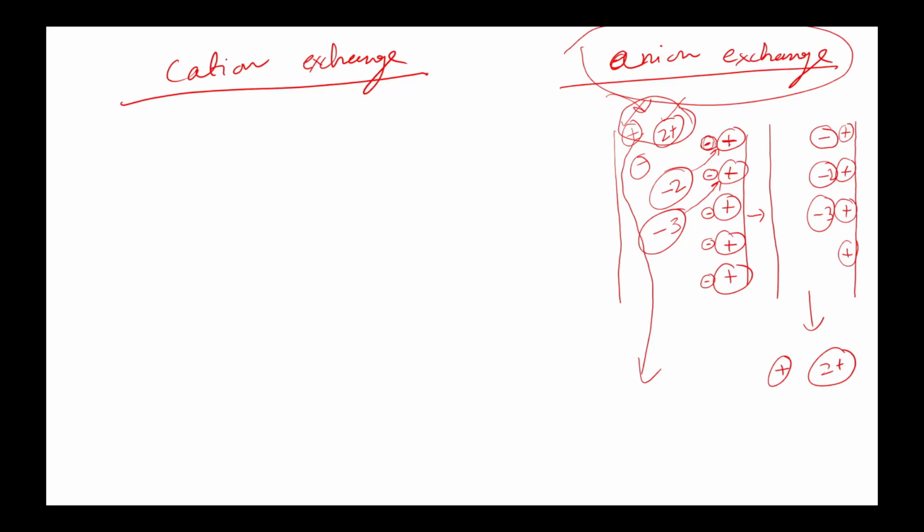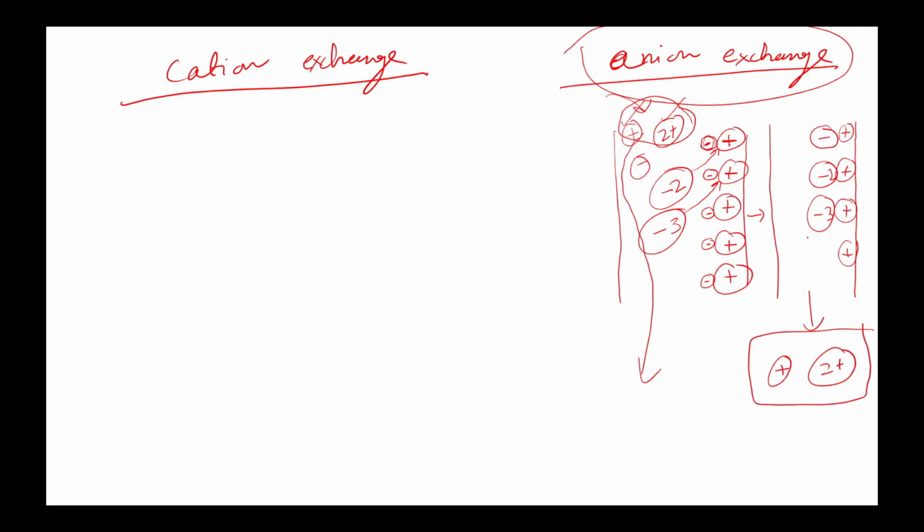Then further, now you have separated your protein based on the charge in comparison to other positively charged proteins. So if you have such a scenario where your impurities are all positively charged and your protein of interest is negatively charged, then it becomes very useful.